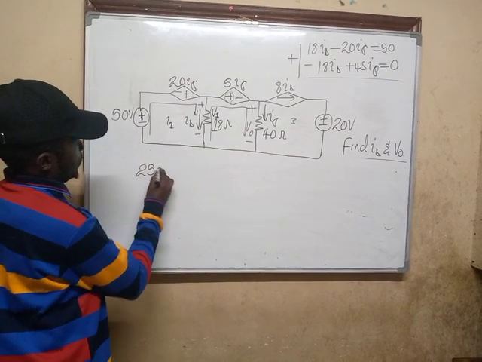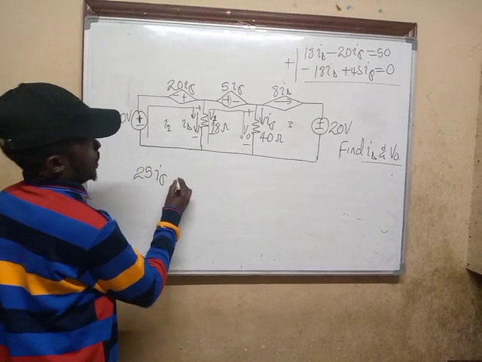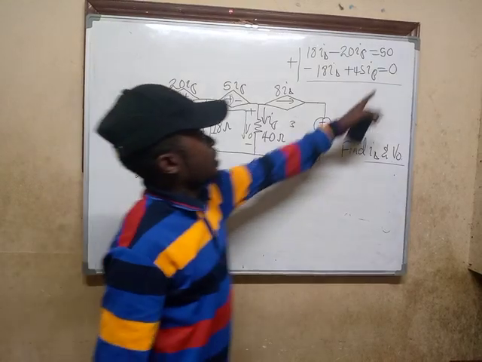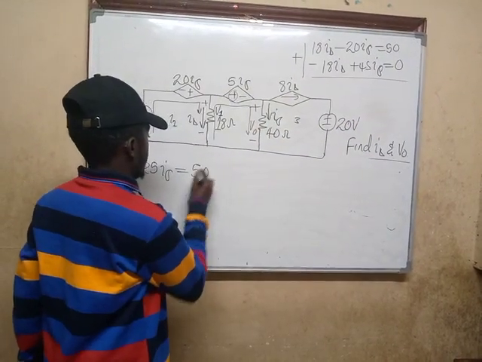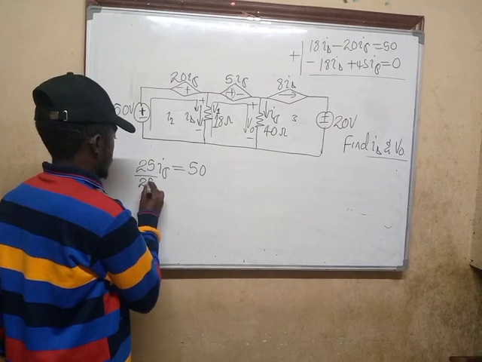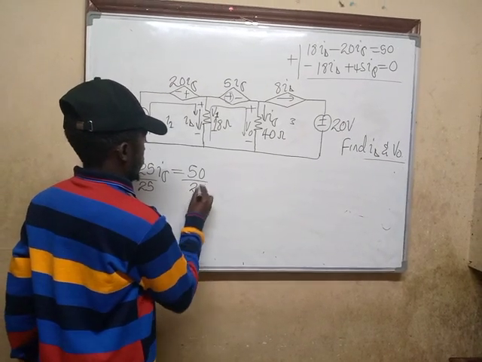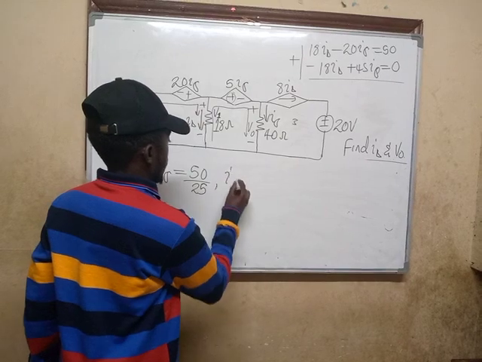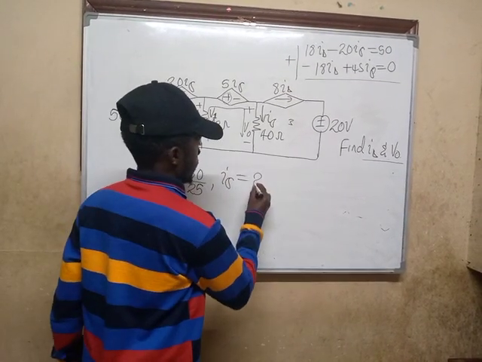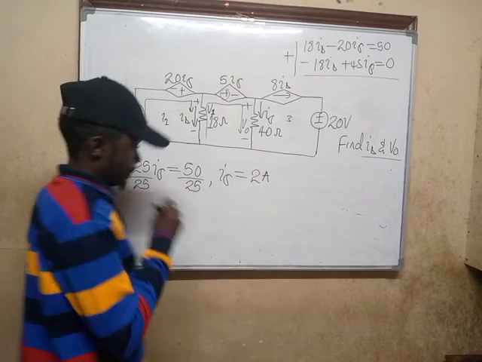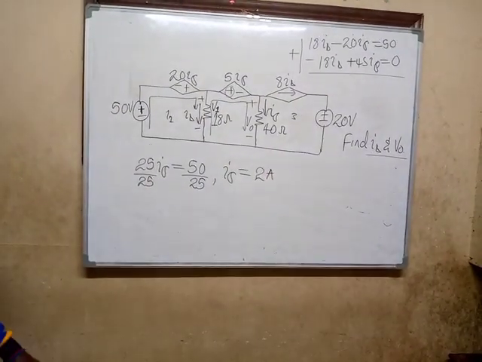So we are getting 25 I sigma equal to 50 plus 0, which is just 50, over 25. So I sigma is equal to 2 amps.